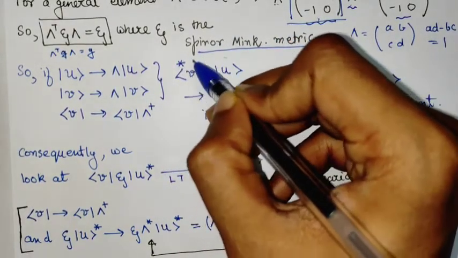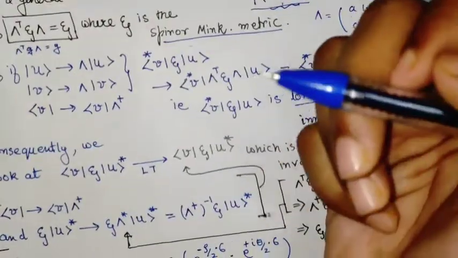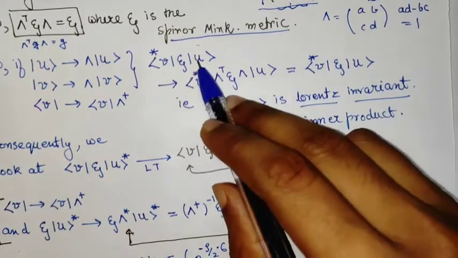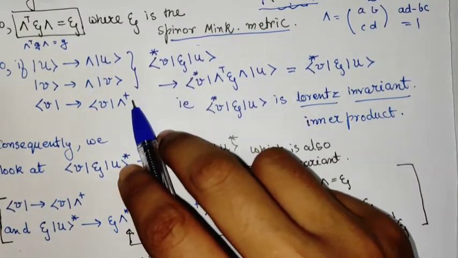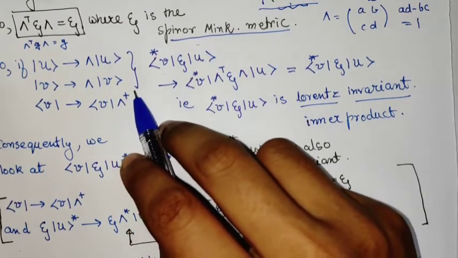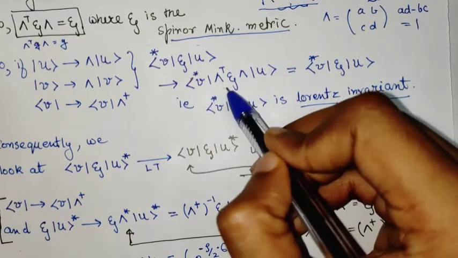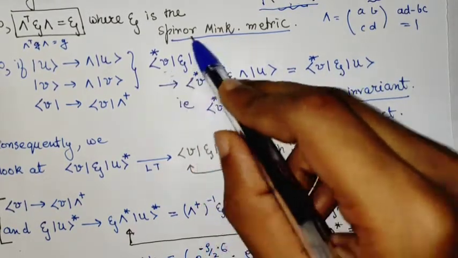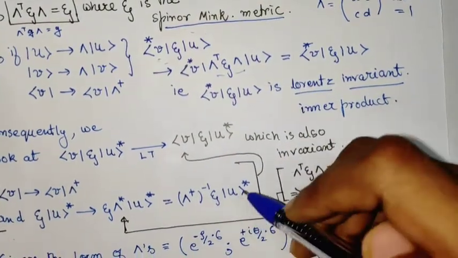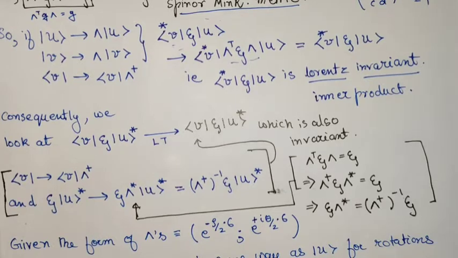It takes the second vector's conjugate, and then under Lorentz transformation, this goes as lambda, and this will go as the dagger's conjugate, so it is just a transpose. But this particular thing is simply epsilon, so this inner product is preserved under the Lorentz transformation. So this is a Lorentz invariant inner product.